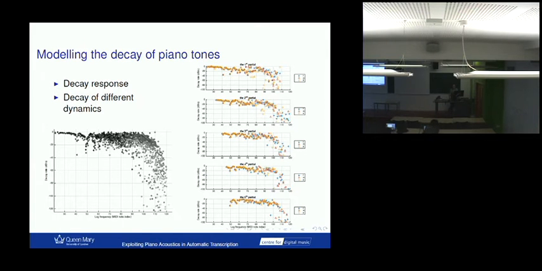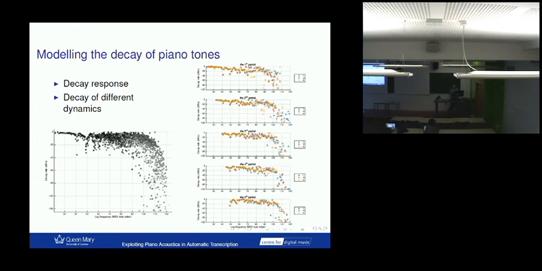This means all the frequencies here may not come from the same note. They're just partials of the same frequency. The gray scale indicates the pitch index: the darker, the lower the pitch, and the lighter, the higher the pitch.